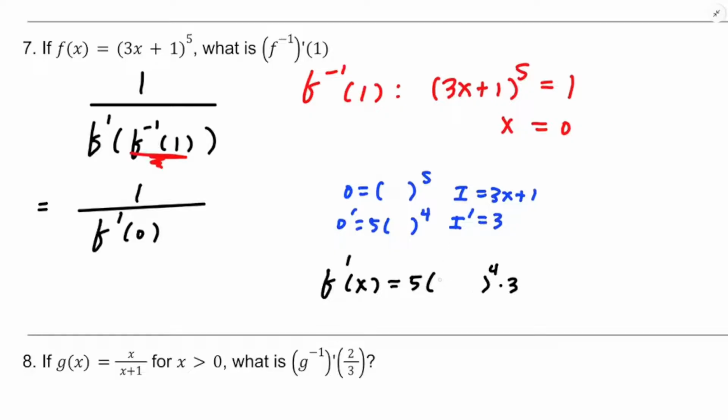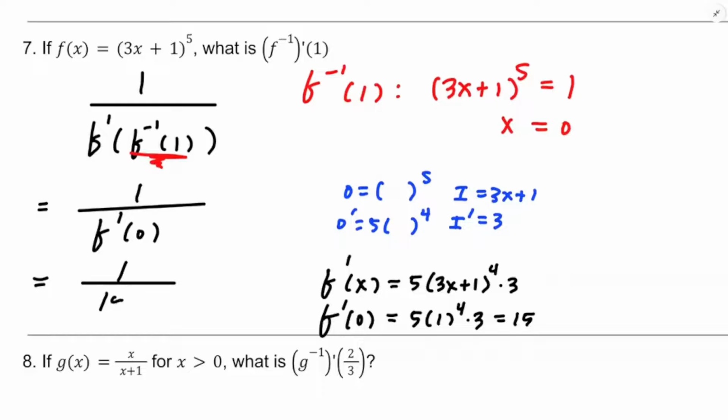The inside was 3x plus 1. Then I think really all I'm interested in is f prime of 0, so I don't need to necessarily combine that and write it a different way. That's going to equal 15. And so, to answer their question, the answer is going to be 15.